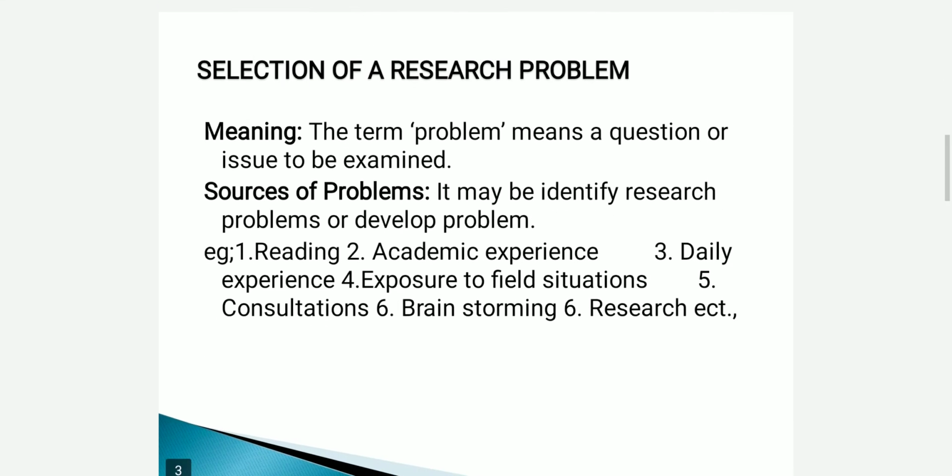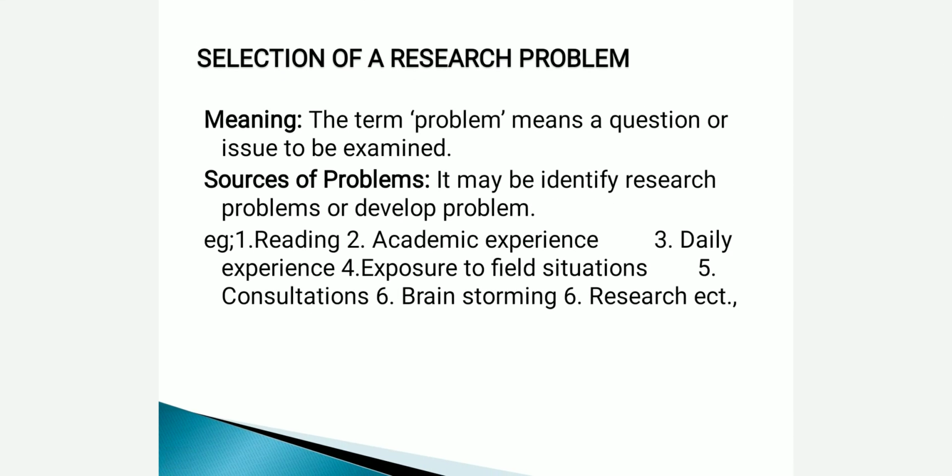Now, the selection of the research problem. The research problem means a question or issue to be examined. That is the research problem. What are the sources of the problem? Sources of the problem help to identify the research problem or develop the problem.